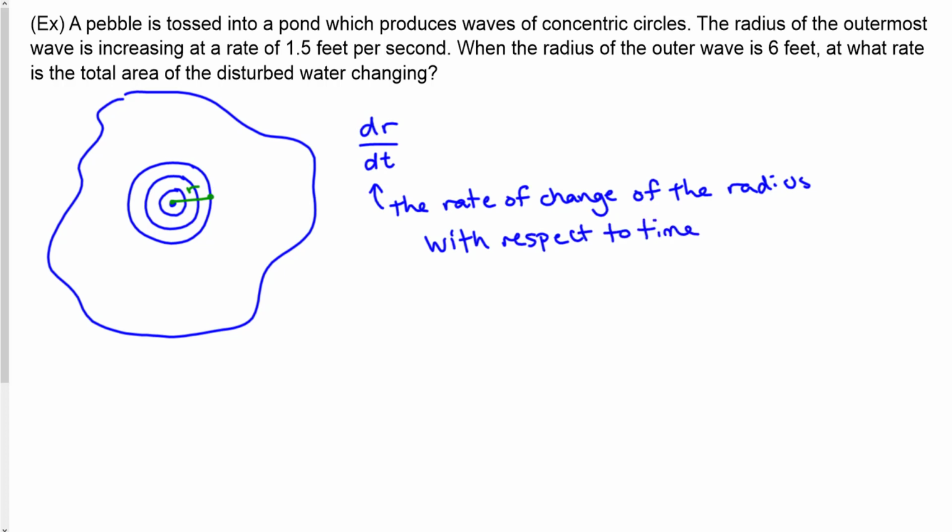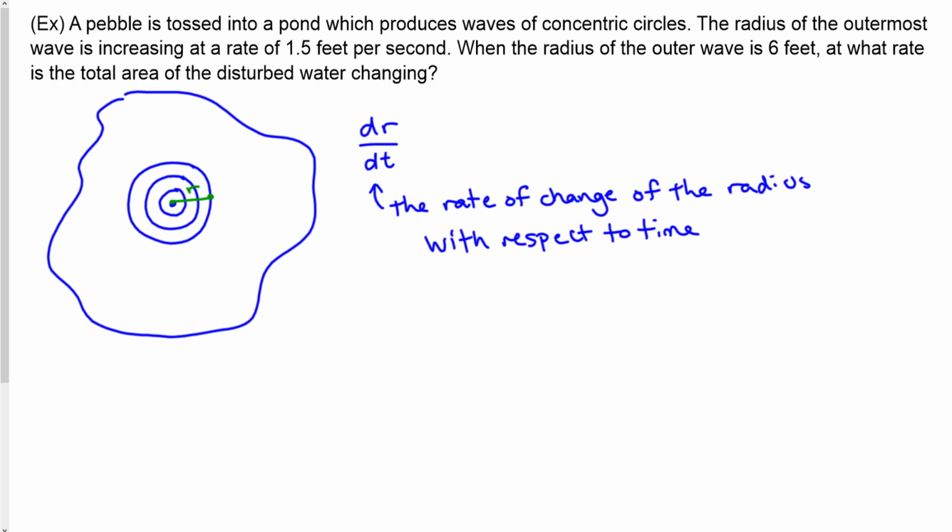And that's always how we interpret derivatives. It's a rate of change of some variable with respect to another variable. So in this case, we're looking at the rate of change of the radius of the outermost ripple, or the outermost wave, with respect to time.